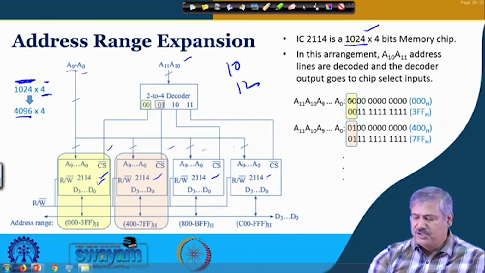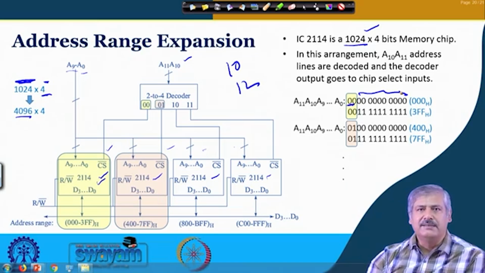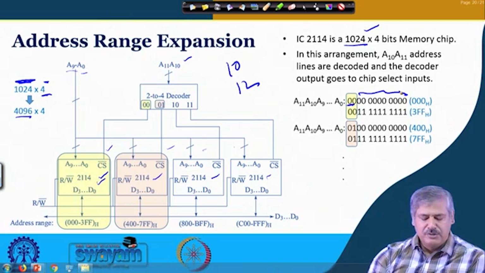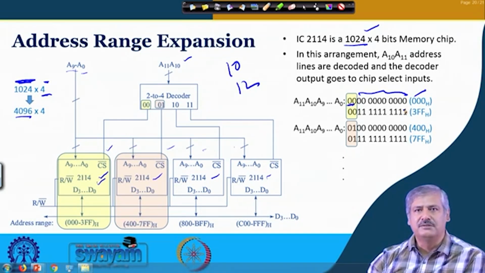If this is 0 0 and the address A0 to A9 is all 0, you are basically accessing the location 000 in hex. All of them are 0, so that particular location is accessed. You can read from there or write into it, depending on what operation you are doing.